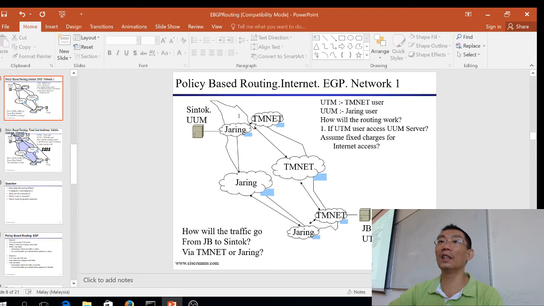Okay, so in this scenario, how will it be different? Fixed charges. He is going to pay you every month, a fixed amount, isn't it? So this one is also going to pay you fixed, isn't it? So what happened?